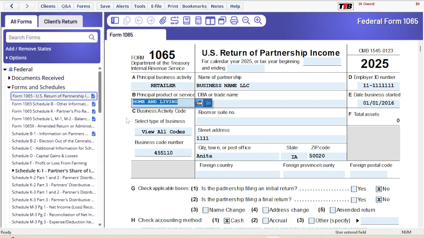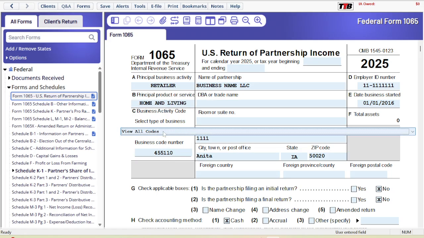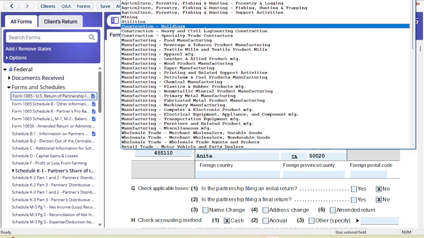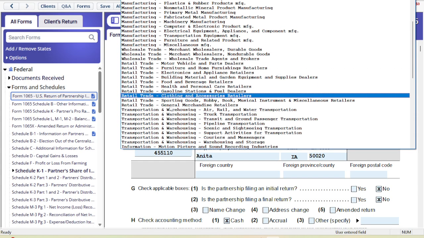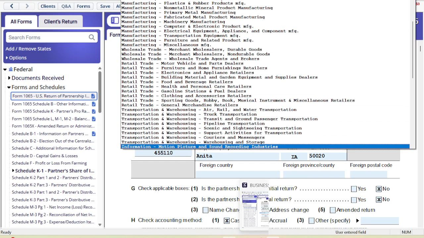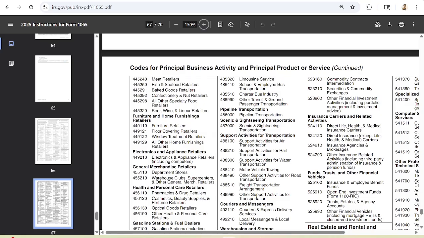And put it there. So for business activity code, it gives you all the codes here so that you can go through and pick. And those categories are mainly those here.